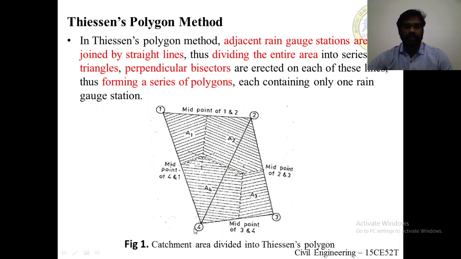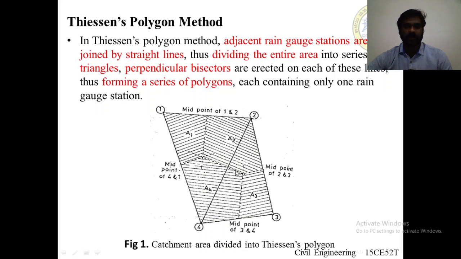Here, the area it best represents means the rain gauge reading at a station matches the actual rainfall that occurred throughout the surrounding polygonal area, and the polygon thus formed by the perpendicular bisector around a station encloses an area which is everywhere closer to the station than to any other station.